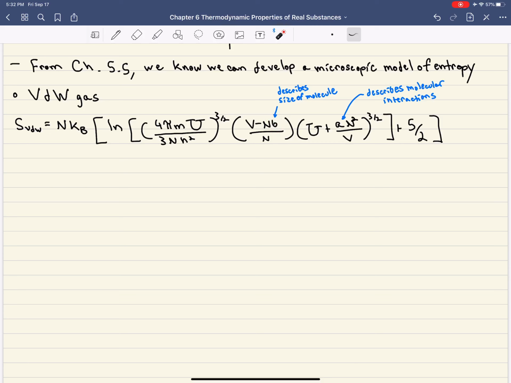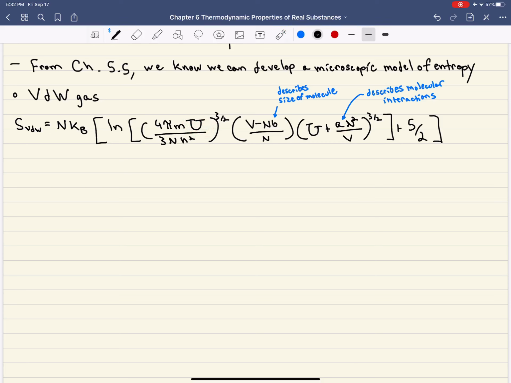So now that we have this model, we would have to design some sort of experiment in which we could track the entropy of the gas. By tracking it under different internal energies or volumes, we would be able to figure out what a and b are.